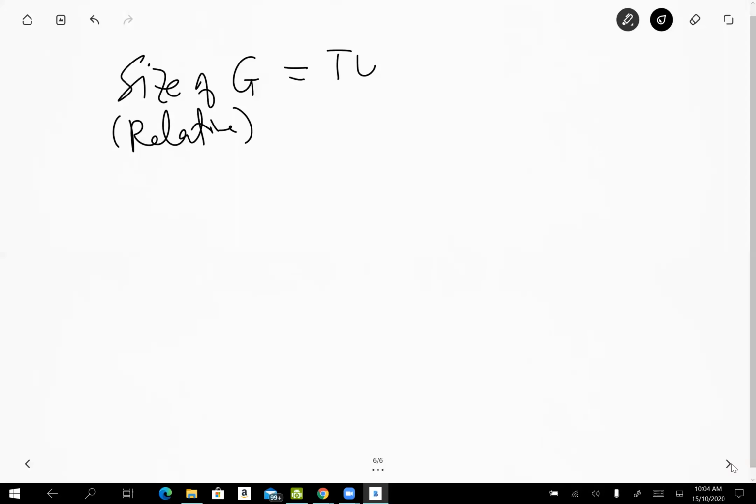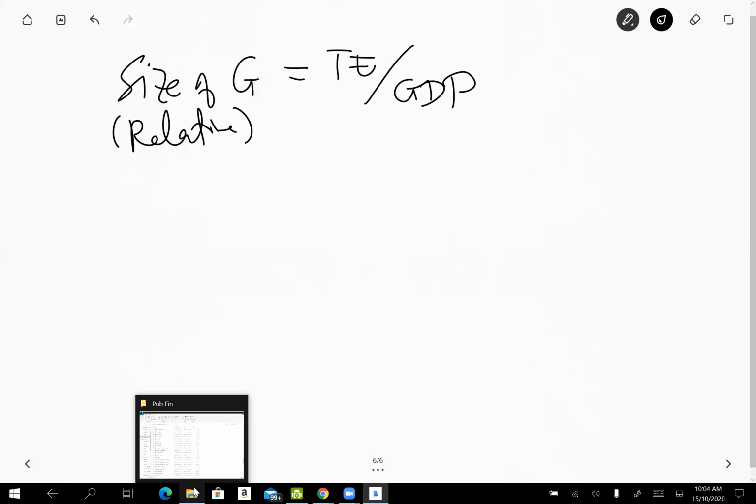So the size of the government is not absolute, it's relative. You compare it to the GDP. So it will be equal to the total expenditure of the government divided by the GDP. That gives you a ratio or percentage, which tells us the size of the government.